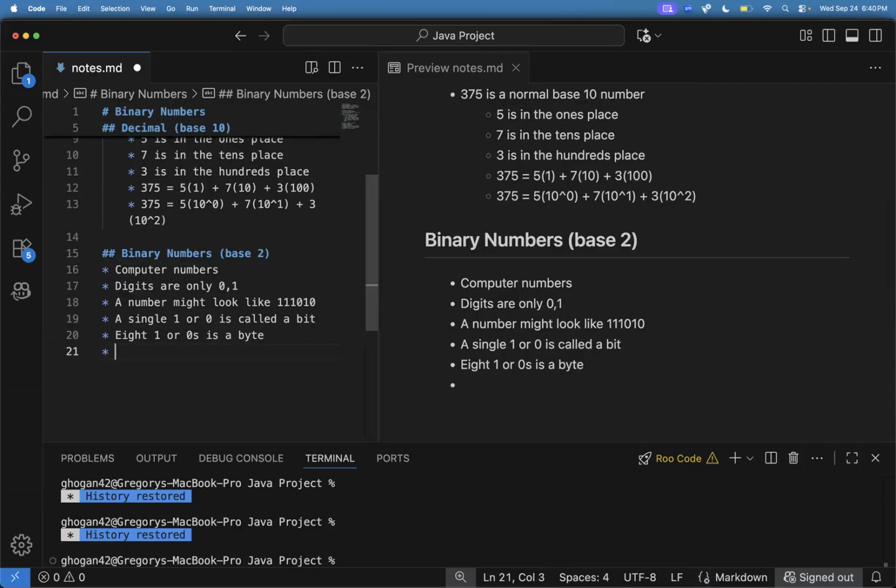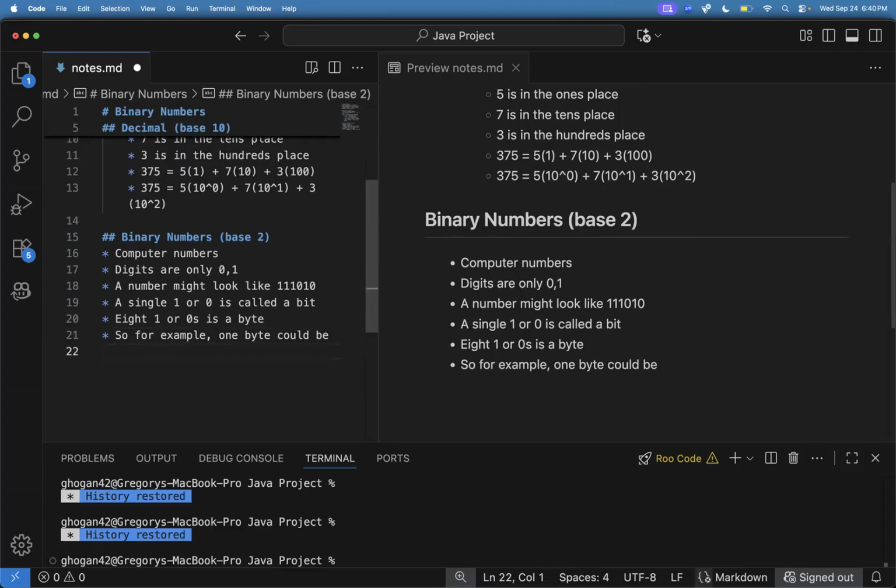So for example, 1 byte could be, this is just an example of 1 byte, we just need 8 digits. So like 1001 0110. That's eight, right? So we have eight of them there. That's a byte. So 8 bits is a byte.